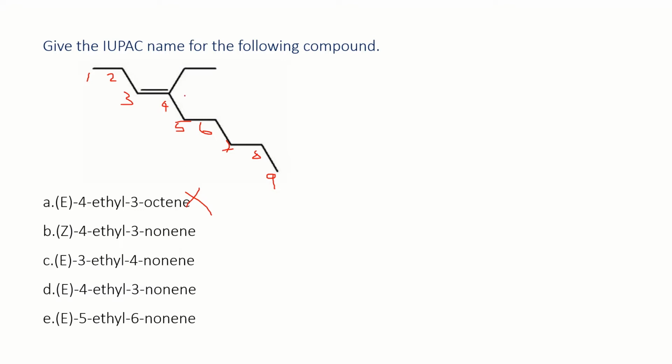We have an alkene starting at carbon 3, and so we can get rid of this 4-nonene and this 6-nonene. And so we're left with these two, where obviously the alkene is on carbon 3.